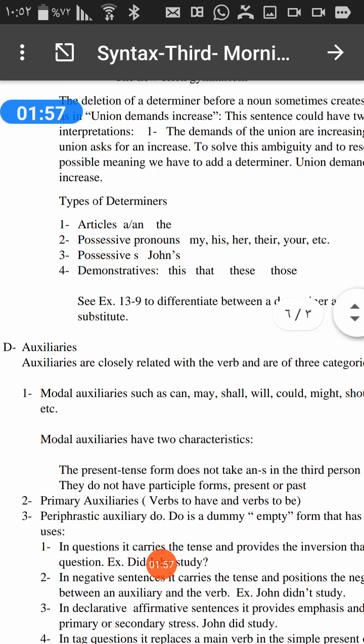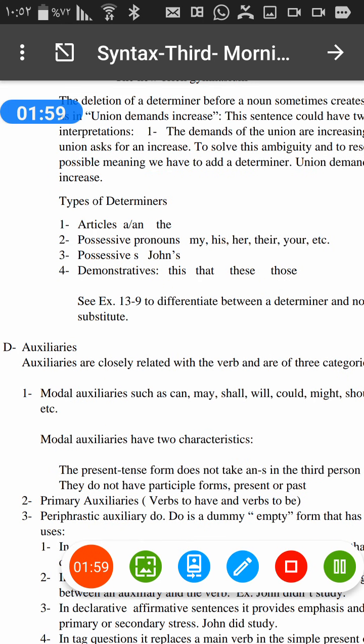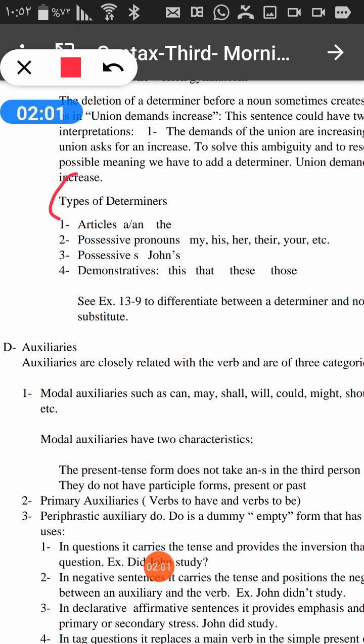Now we come to another topic. We talk about types of determiners, أنواع المحددات. Determiners are of four types. Number one, articles, الأدوات تنكير والتعريف, a and the.